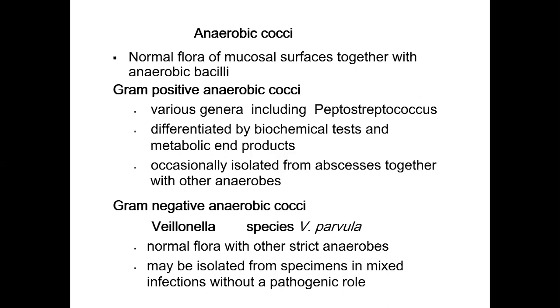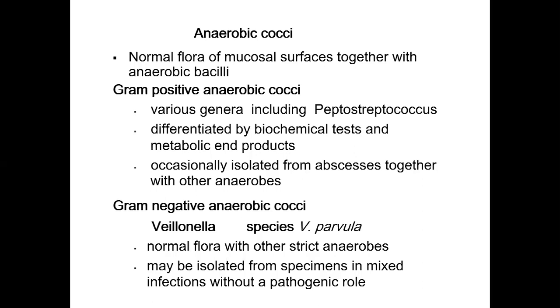These numerous genera are differentiated by biochemical tests and metabolic end products, and sometimes it's hard to differentiate them, so they are just referred to as gram-positive anaerobic cocci. And occasionally, they are implicated in some abscesses, again most of the time together with other anaerobes, like gram-negative bacilli.